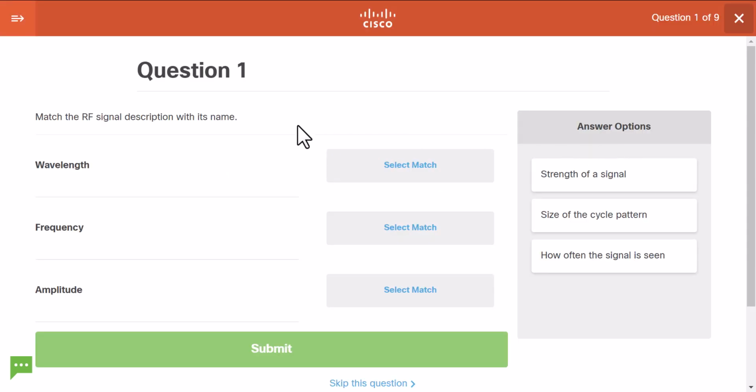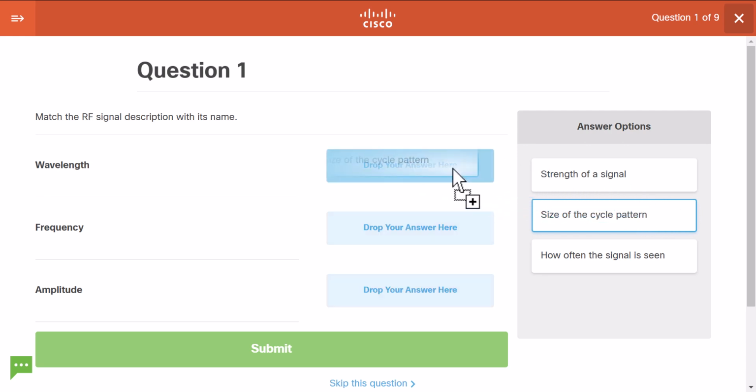Match the radio frequency signal description with its name. Wavelength is the distance between the peaks of the radio wave measured in meters, so it's the size of the cycle pattern.